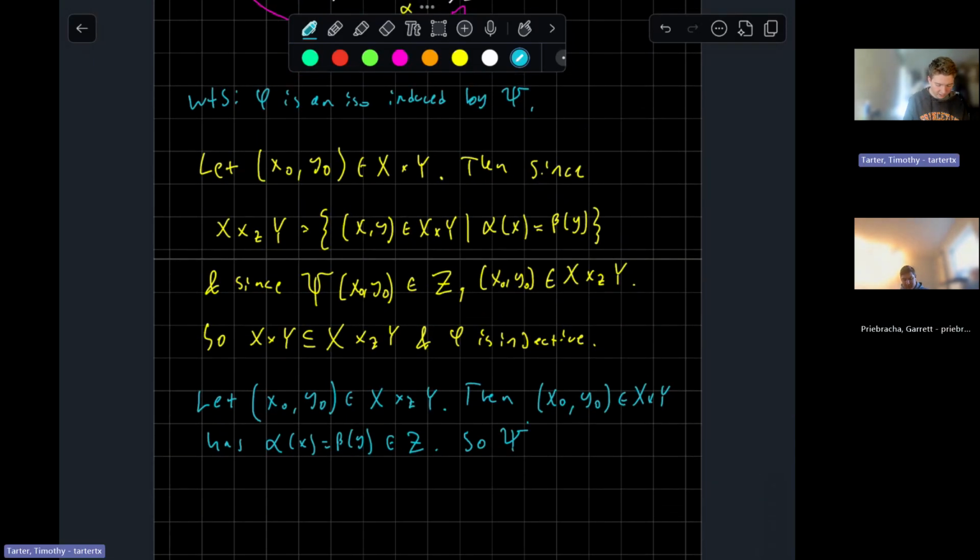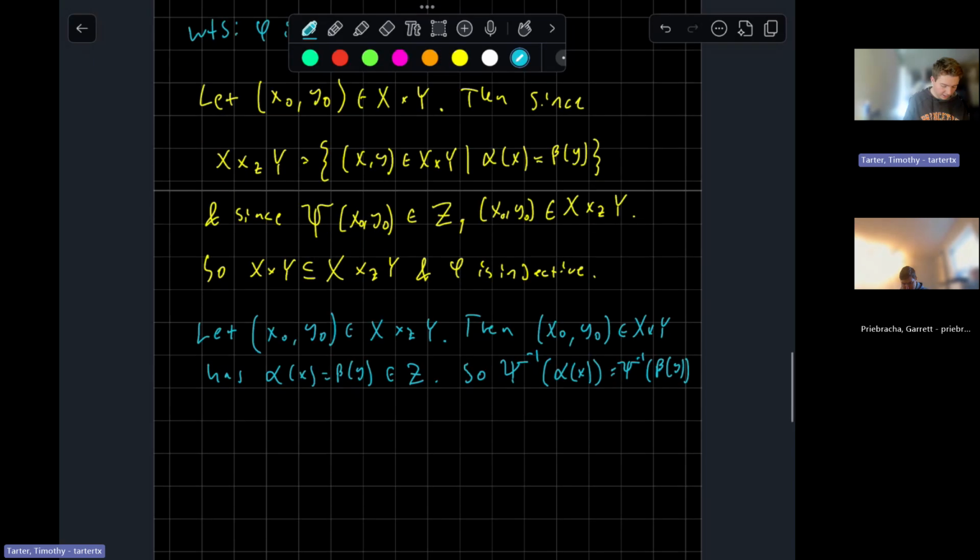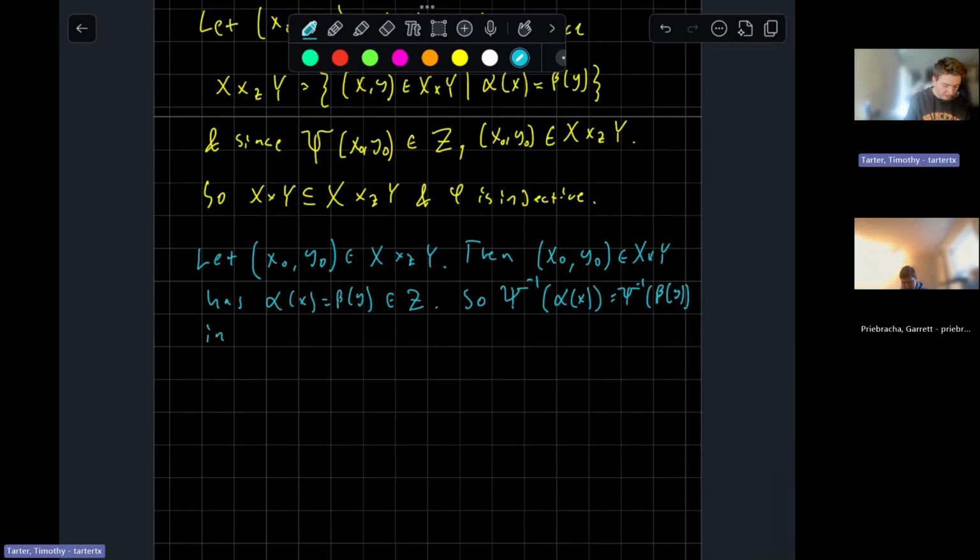So psi inverse of alpha X equals psi inverse of beta of Y in the product.